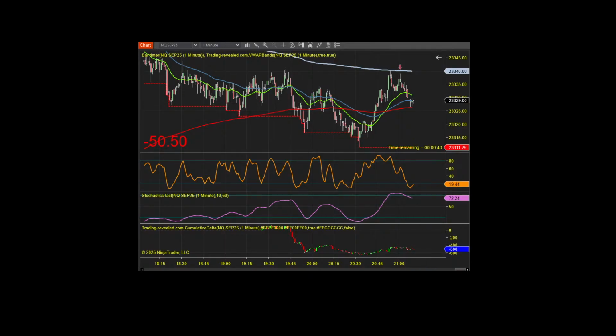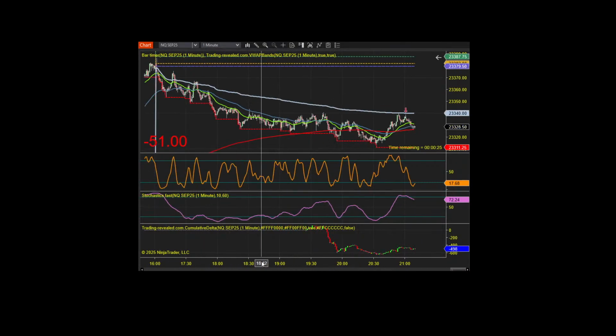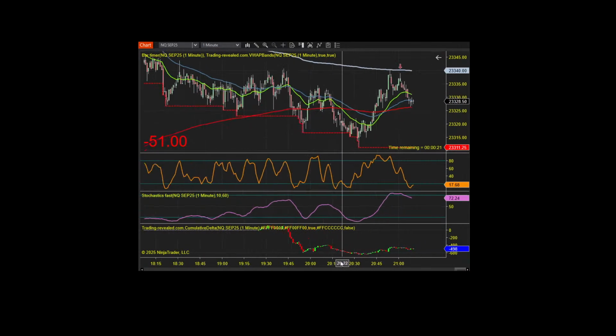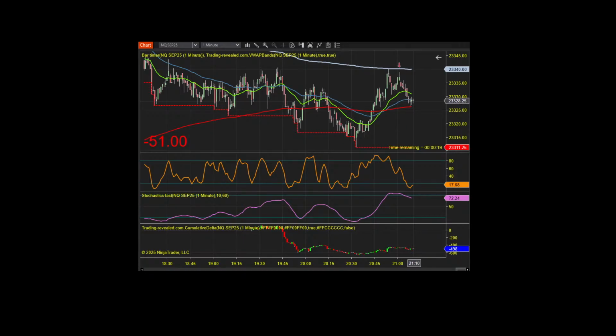All right, I'm kind of convinced that we've made a higher high down from this channel down here, and we made a higher low here, and we're kind of stuck in this area.